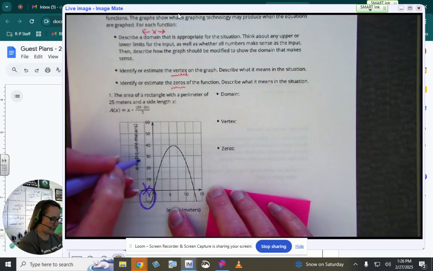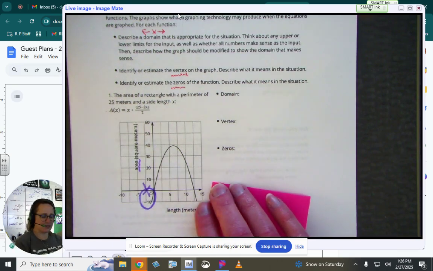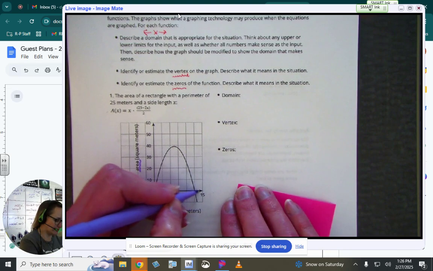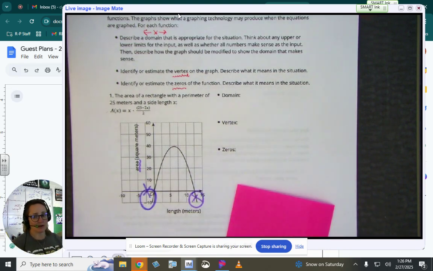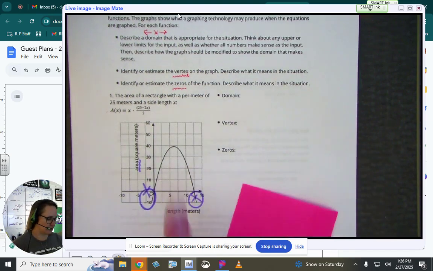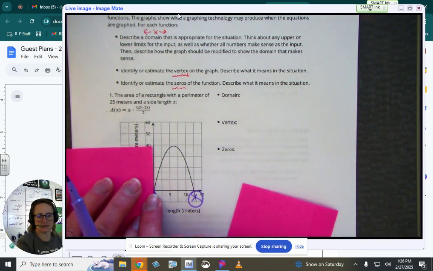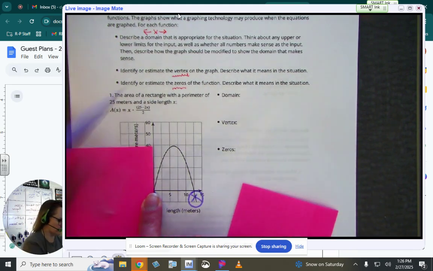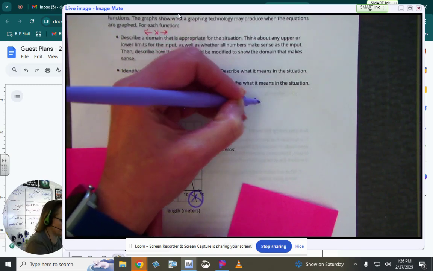And if I'm talking about area of a rectangle, negative area also doesn't make sense. So if we're thinking about our context, not just our graph, it's going to start making sense at 0. So our domain has to be with an x above 0.